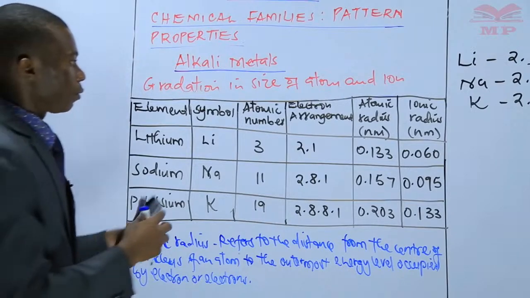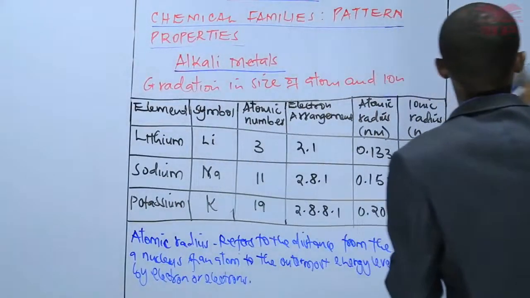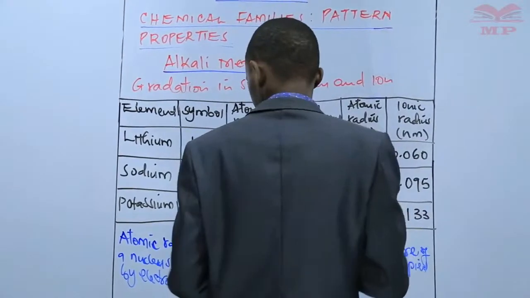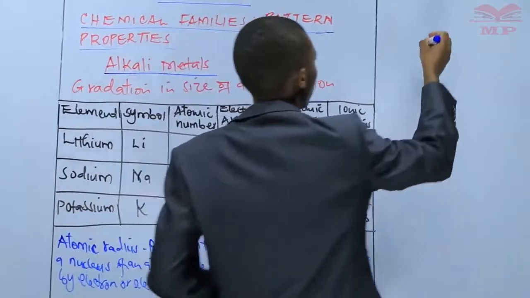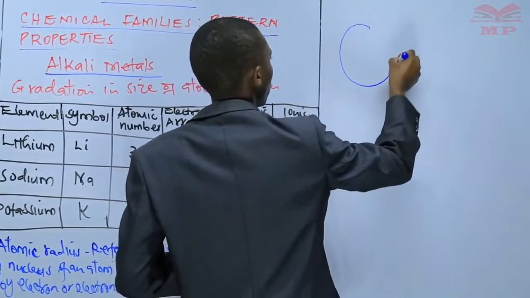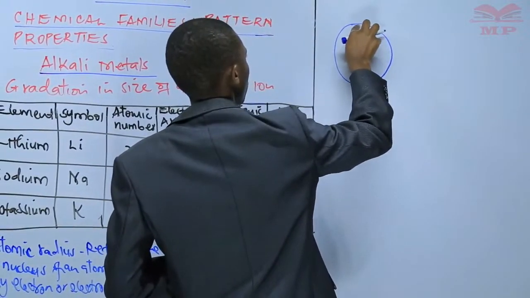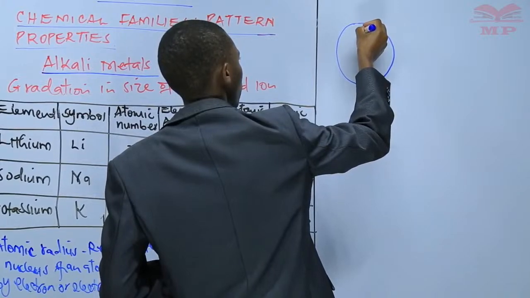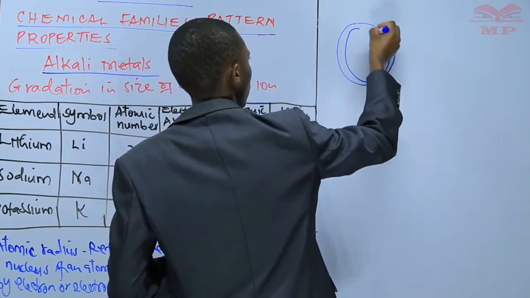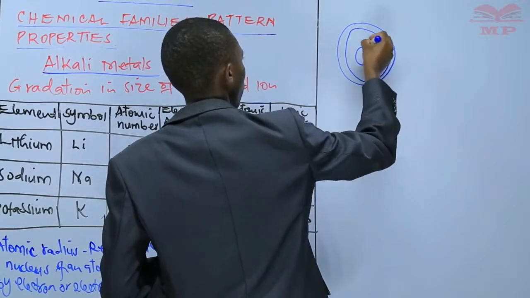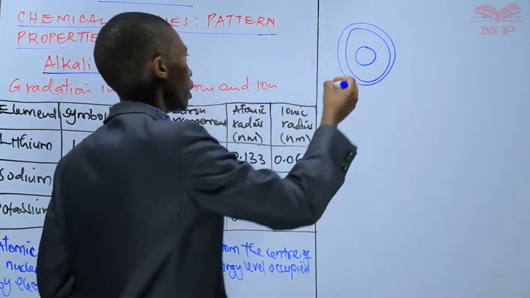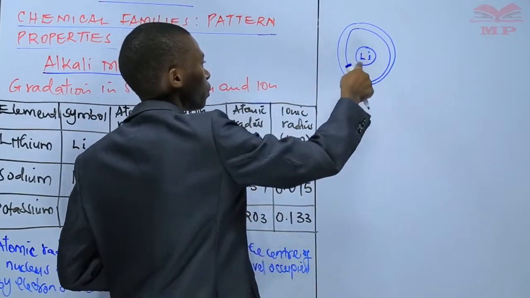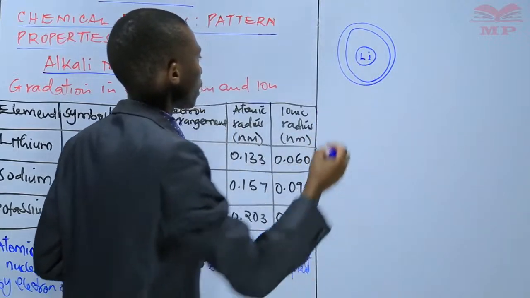For example, if this is an atom, this is the energy level, this is the nucleus of that atom. Let's say the atom is lithium. So the lithium atom, this is the first energy level.